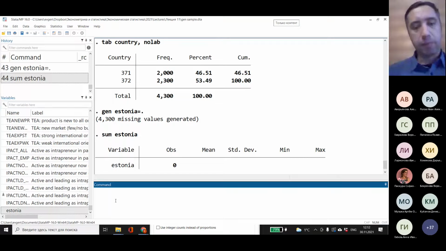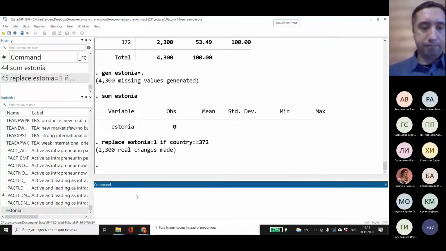Now we have to fill our new variable with some values. You have to replace Estonia with 1. You have to replace missing with 1 value if country is double equal 372, as if our country is Estonia, our binary variable must be 1.